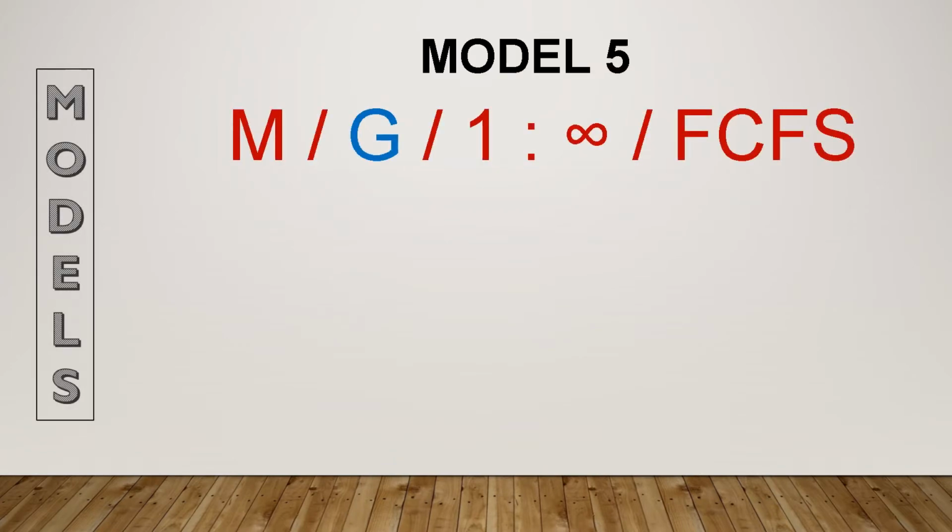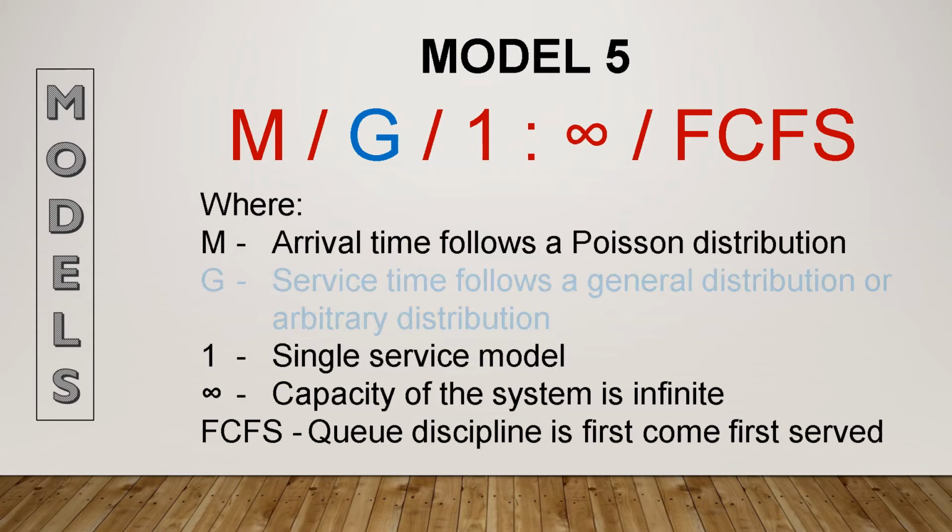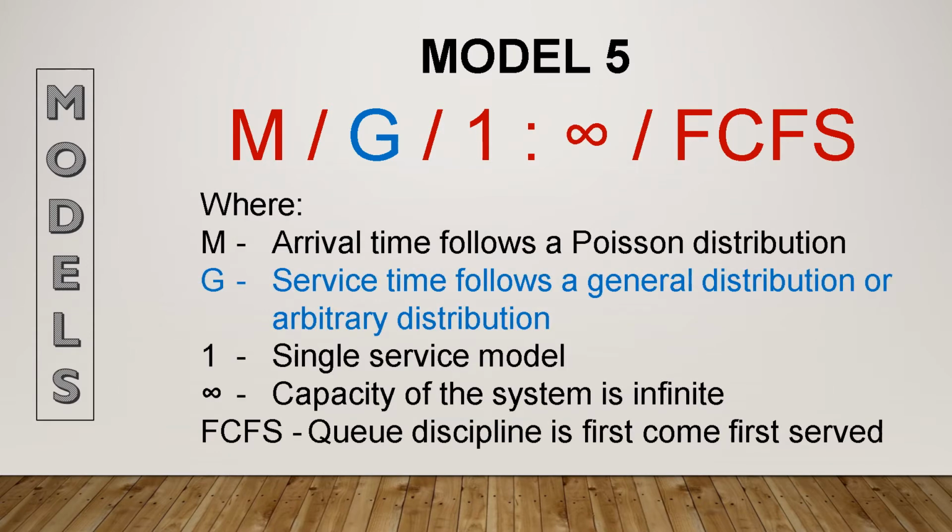The fifth model is the same as the fourth in that the service time differs from the previous models 1 to 3. G here pertains to a service time that follows a general or arbitrary distribution.